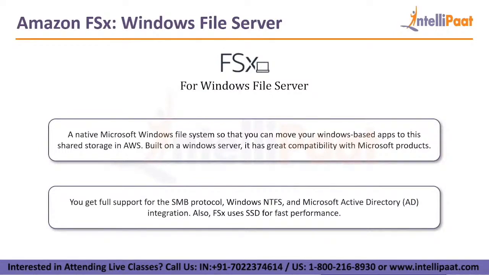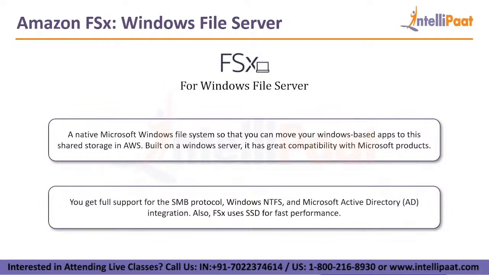It is built on Windows Server, and that is the reason it is compatible with all Microsoft products. So obviously there is no other option if you're using AWS and want to connect your shared file system to your Windows server. In that case, the only option you can go to is FSx, and it's a really great option.